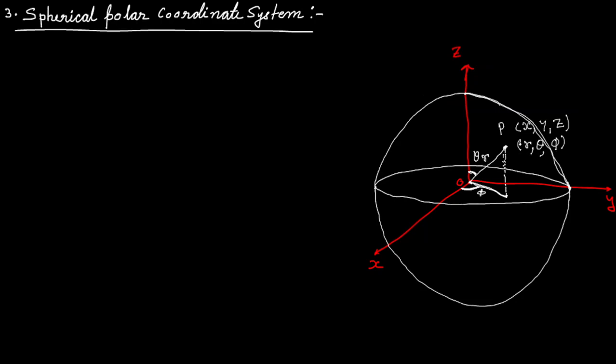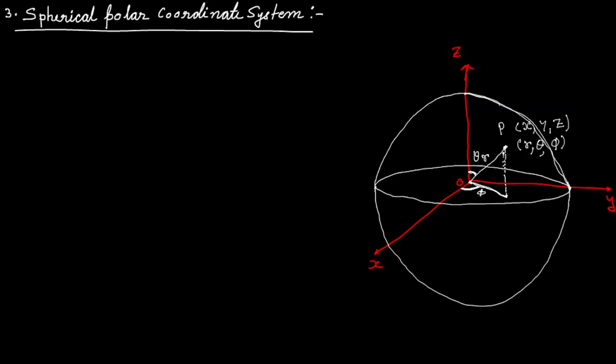To write the values of x, y, z in terms of R, theta, phi, let me remind you, I told you in the first class that we represent a point in the rectangular coordinate system by x, y, z. But what do these values x, y, z represent?